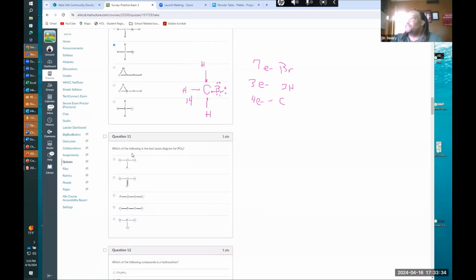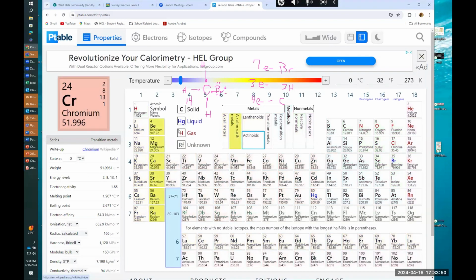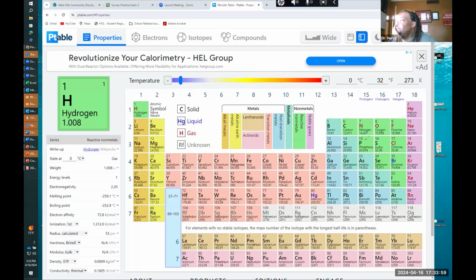Okay. So which of the following is the best Lewis diagram for PCl3? I need to go back to that periodic table. How many valence electrons does P have?